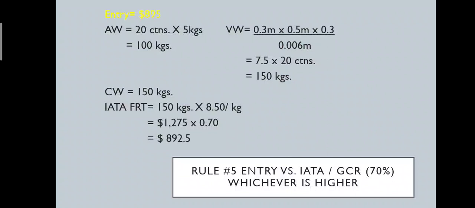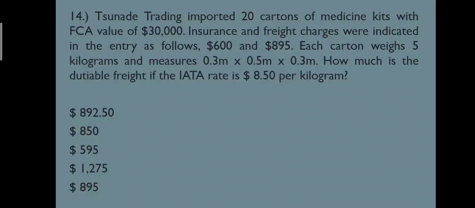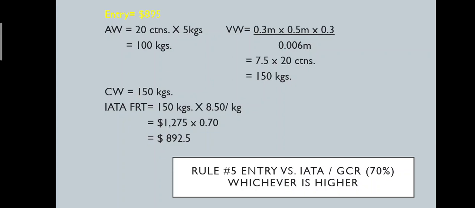Entry versus IATA or GCR rate, 70% of its IATA and GCR rate, and then whichever is higher. So, naman tay given nga entry, freight charges $600, ay joke, $895 guys, rather na $895 nga freight sa entry.